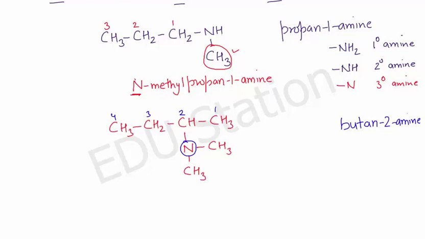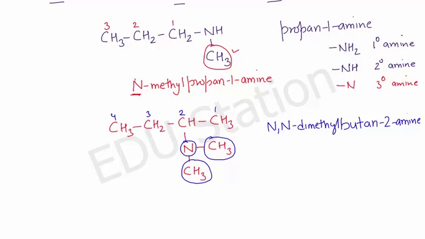Now this nitrogen is attached to 2 methyls, so it will be N,N-dimethyl. I just told you to use N just like a number.